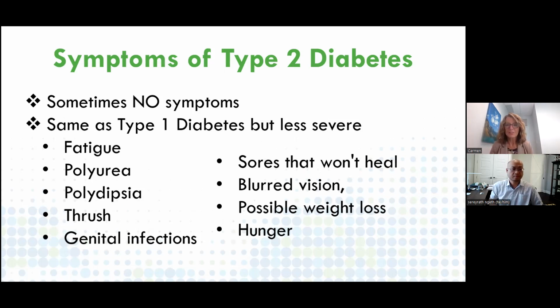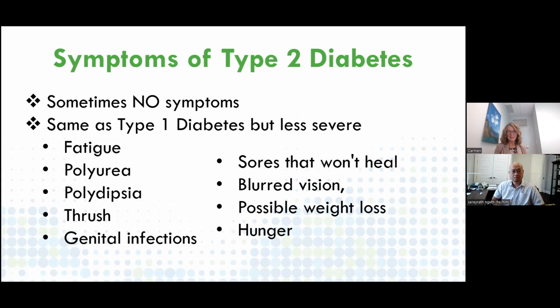So the symptoms of type 2 diabetes: sometimes there are no symptoms for quite a long time. And I think that could be because a person has become used to gradually increasing blood sugar, or it could be that the pancreas is working overtime, still taking care of business at that time. Otherwise, the symptoms of type 2 diabetes can be very much the same as type 1, usually less severe.